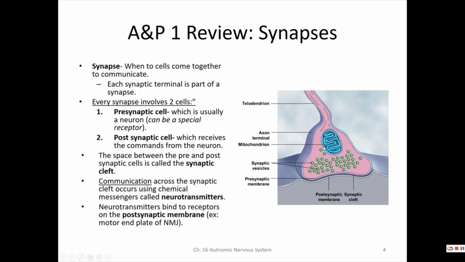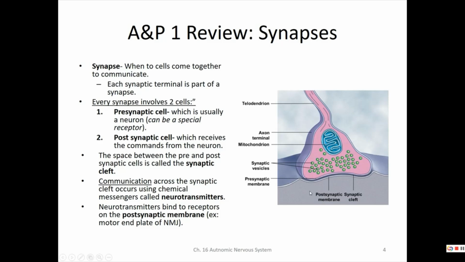To do that, there is a synaptic terminal and another cell. The first cell is usually going to be a neuron, presynaptic, but it could be a very specialized type of receptor that we'll see in the senses. Then there's a postsynaptic cell that follows after the synaptic cleft, the gap between the two cells.